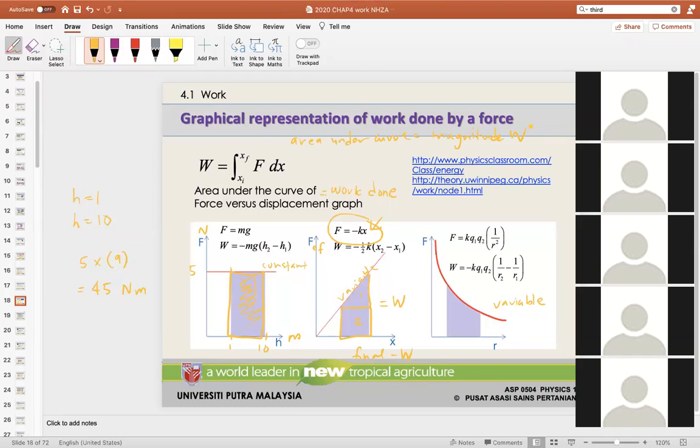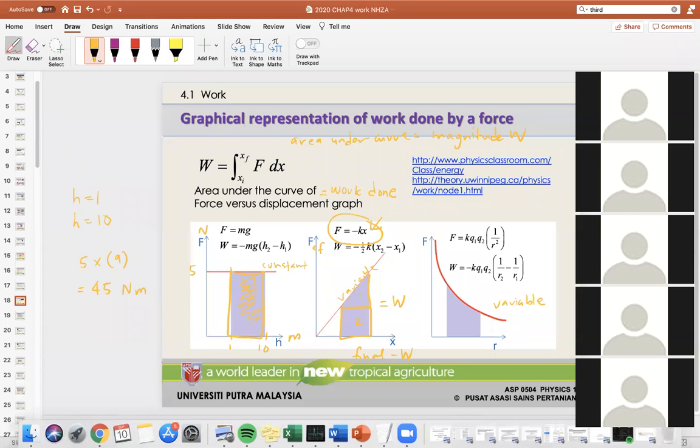But to determine if the work done is positive or negative, you have to look at the question. Whether it's elastic force, that's going to be negative. Whether it's applied force, that's going to be positive. You have to look at the question. Okay, so that's that.